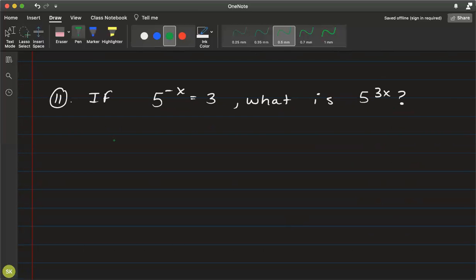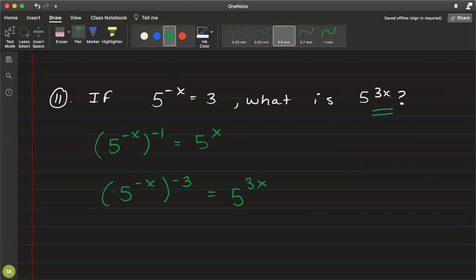So what can we do? Well, 5 to the negative x to the negative 1 would give me 5 to the x, right? Well, what if, instead of putting a negative 1 here, I make it a negative 3? So 5 to the negative x to the negative 3 will be 5 to the 3x, which is what we're going for.